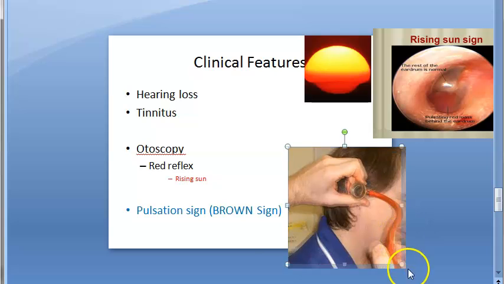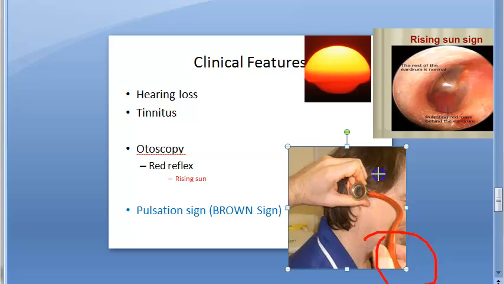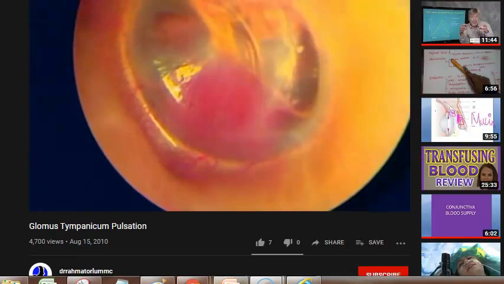You pump this and raise the pressure in the ear canal, what will you see? You will see pulsation. The tumor pulsates vigorously and then blanches. So all these words are important. And then when you release the pressure, the reverse happens. So this is the pulsation sign or Brown sign.